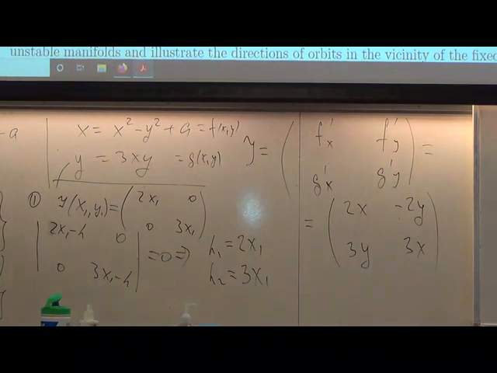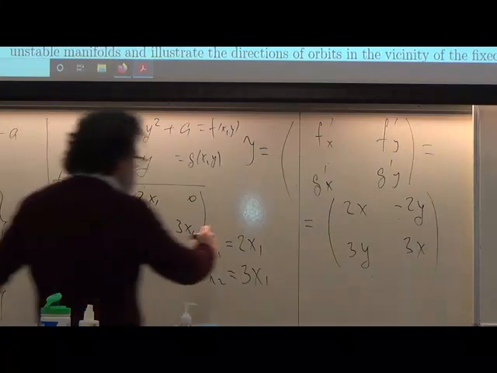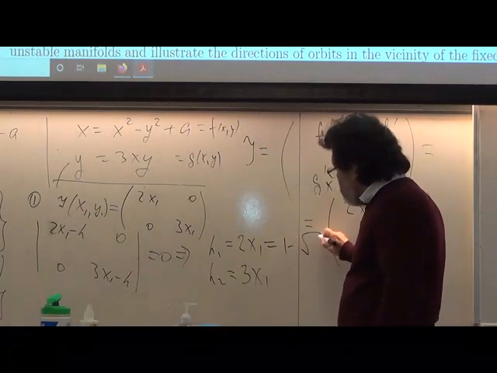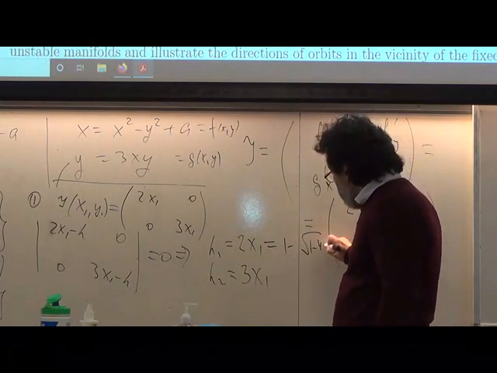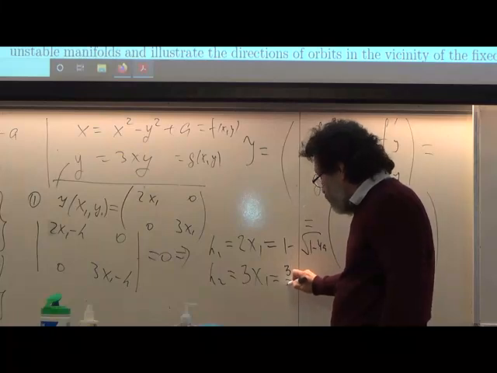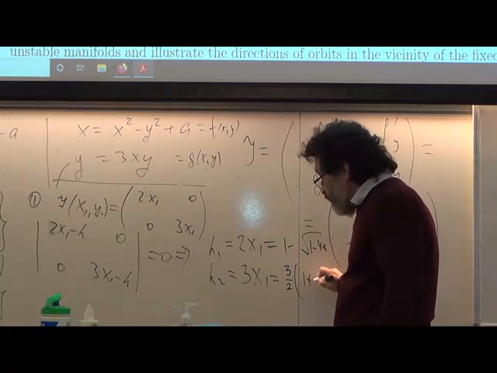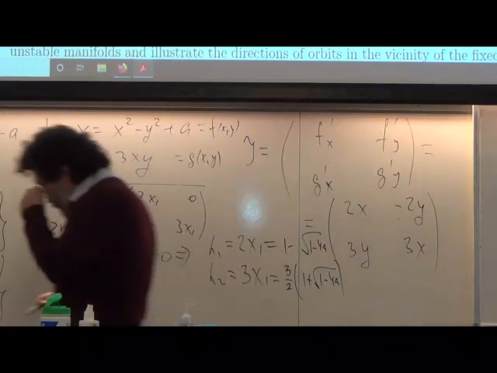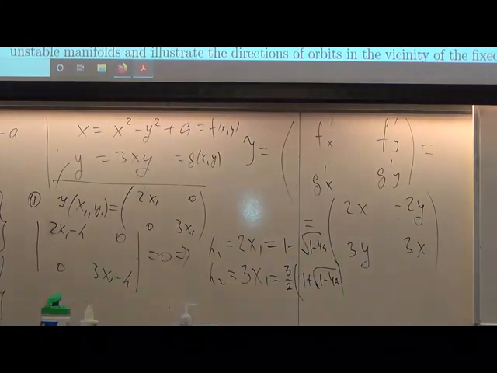So this is lambda 1, with 1 minus square root of 1 minus 4a, and this will be 3 over 2, 1 plus square root of 1 minus 4a.